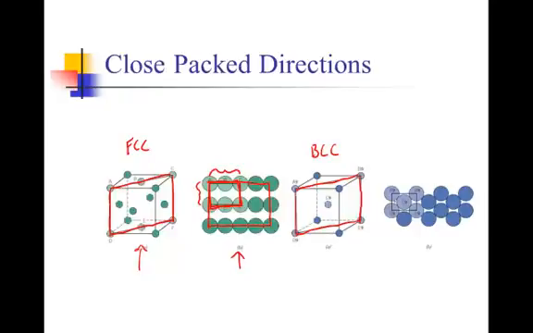In the body centered cubic, that's the cross section that we're taking, and you notice that instead of a horizontal close packed direction, it has diagonal close packed directions, and it has two of them crossing each other. And so this is going to be important for determining which materials are easy to shape, to polish, and which ones will quickly turn hard and brittle if you try to work with them at room temperature.